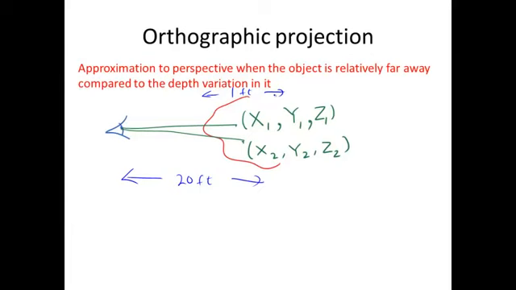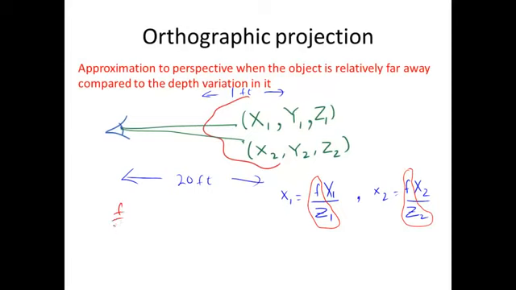So what happens there? Let's derive some equations here. Essentially the perspective effect is going to give me that x1 equals f X1 upon Z1 and x2 is f X2 upon Z2. Now what we can do is to assume that this f upon Z1 and f upon Z2 are approximately the same.